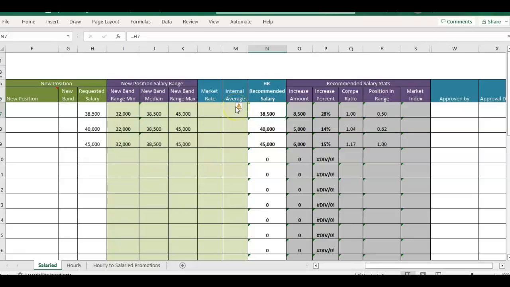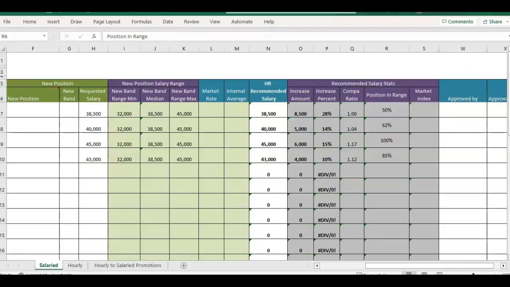It's a little bit different if you're used to compa ratio, which is only looking at the midpoint or the median of the range. So that's one thing to remember, that compa ratio is always only going to be looking at the midpoint and how the employee is paid to the midpoint, where position and range is taking into account the min and the max.